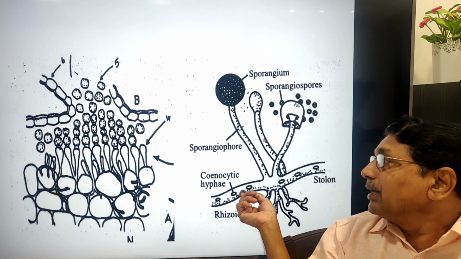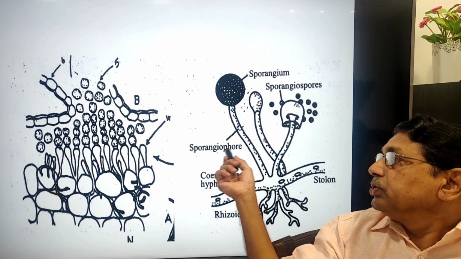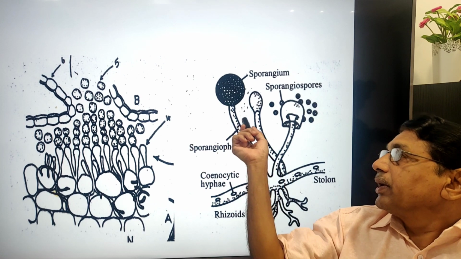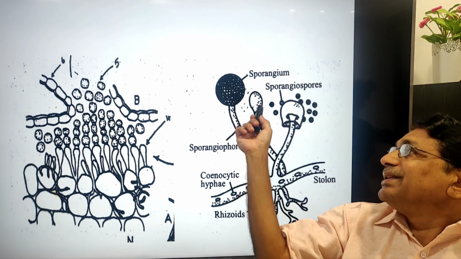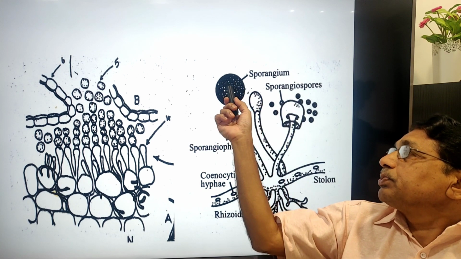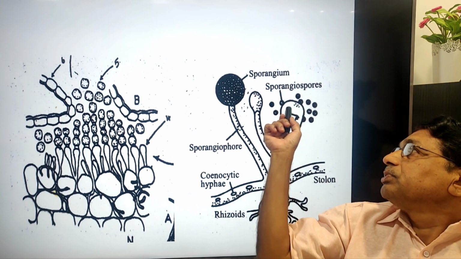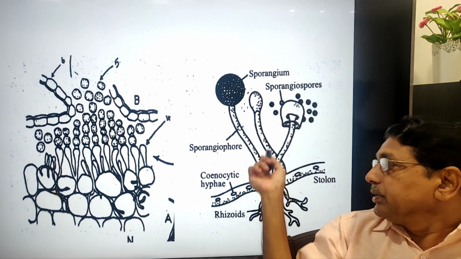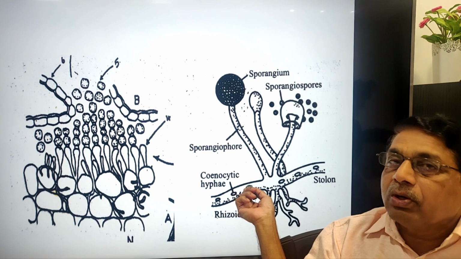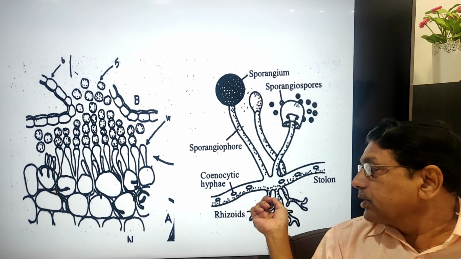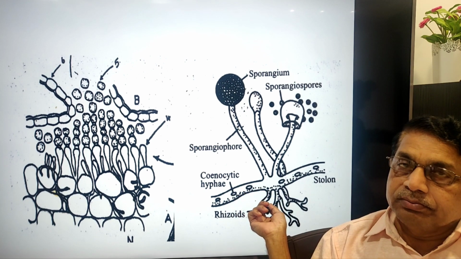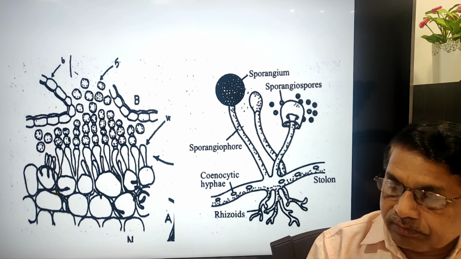This is called the stolon. The sporangiophores are stalk-like structures. Sporangia, and inside the sporangia, spores. This is a broken sporangium, with the spores being released. This is Rhizopus. Mucor will be similar to this except for the rhizoids. That is the major difference.